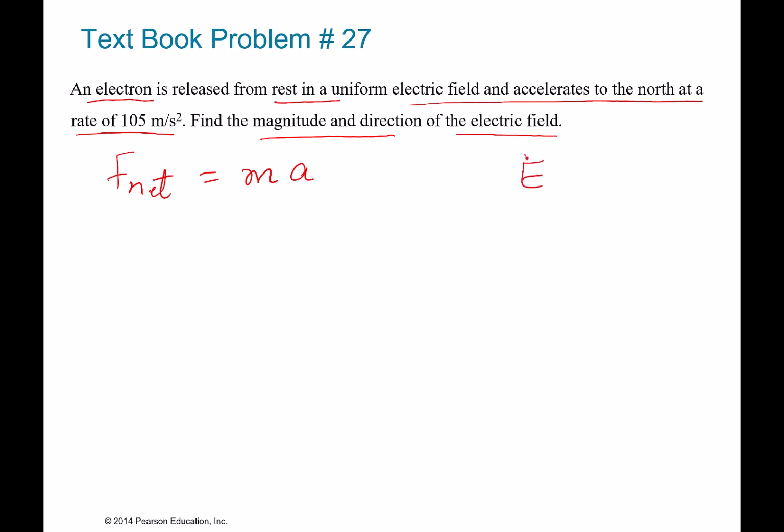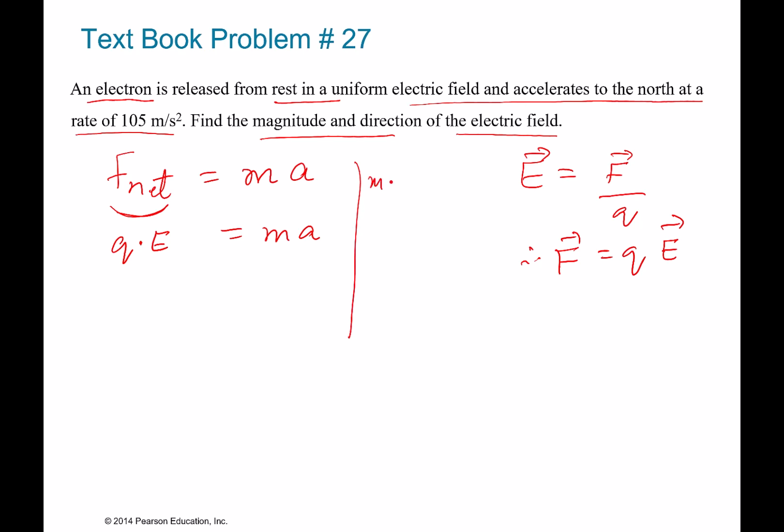Electric field is force per unit charge, therefore, sorry, force is Q times the E vector. So instead of writing the net force, here it is Q times E, which is force, equal to mass times acceleration, and this time it's the mass of the electron.